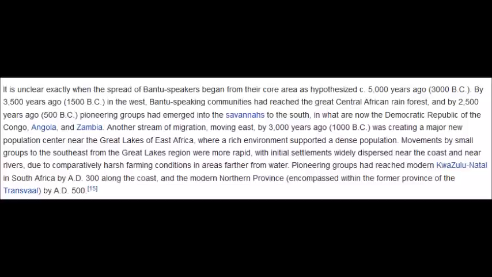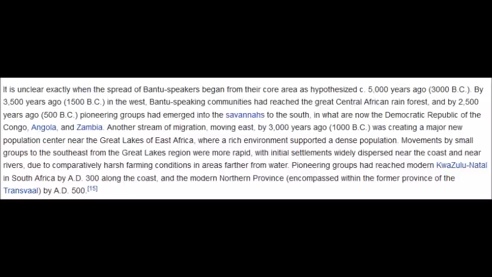Another stream of migration moving east by 3,000 years ago was creating a major new population center near the Great Lakes of East Africa, where a rich environment supported a dense population. Movements by small groups to the southeast from the Great Lakes region were more rapid, with initial settlements widely dispersed near the coast and near rivers due to comparatively harsh farming conditions in areas farther from water.